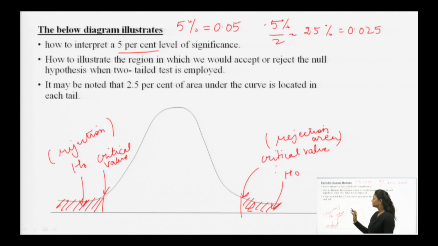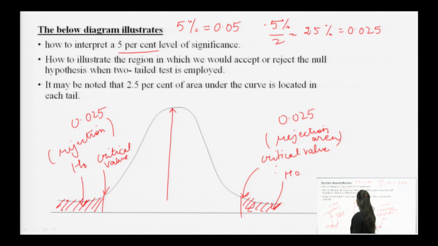Along with this, this area is only 0.025, and this area as well is only 0.025. Out of 100% we have already taken 5%, so 95% remains, so it is 0.95.